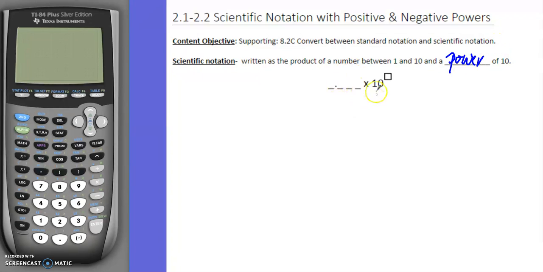So when we're talking about a number between 1 and 10, this is the whole number here in the first place. So this is your 1's place value. Everything to the right will just be any number of the decimal.